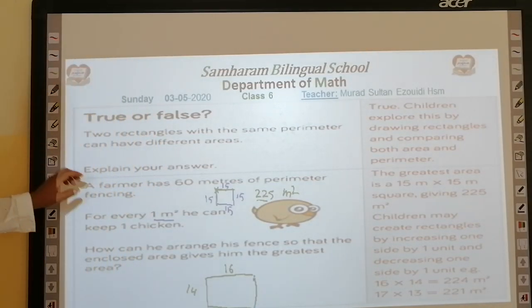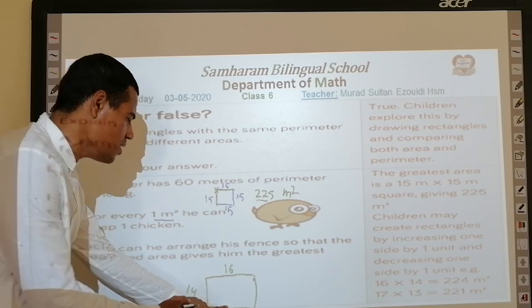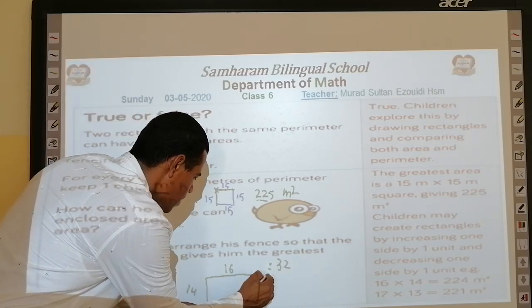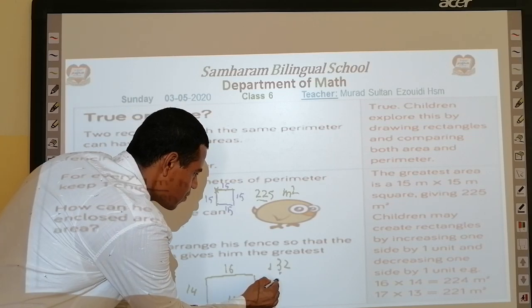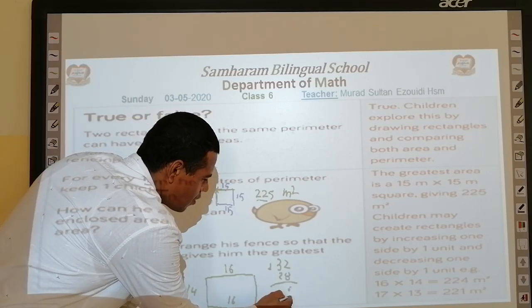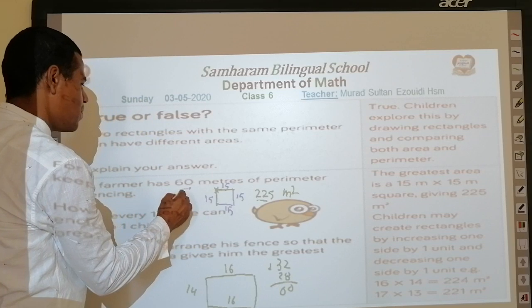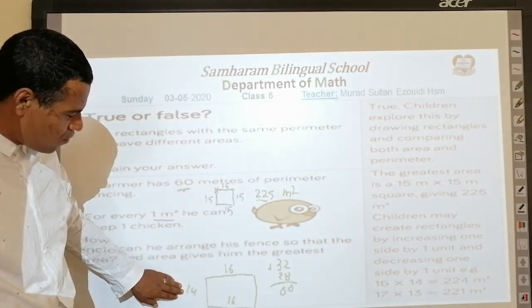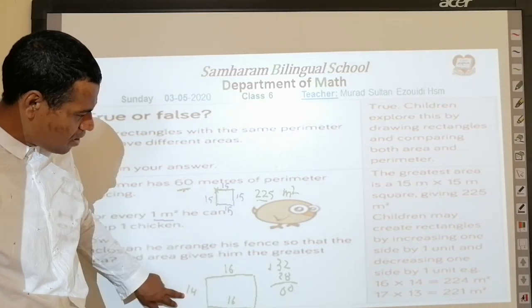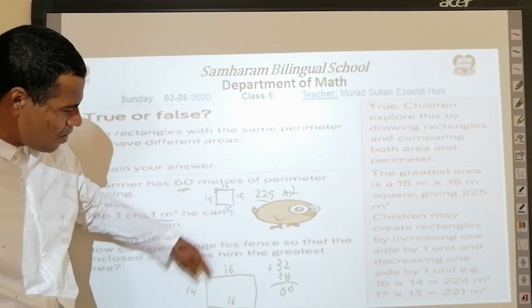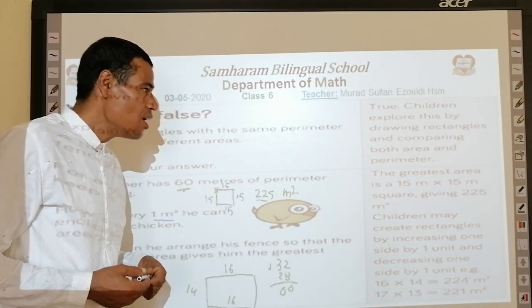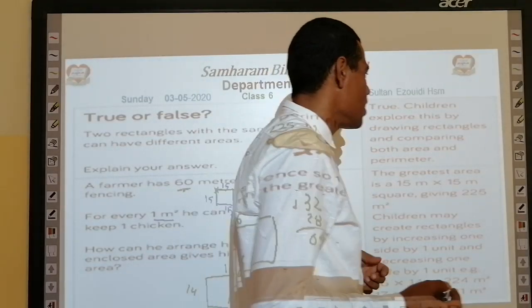So the perimeter, 16 plus 16 is 32, plus 14 plus 14 is 28. So this one will give us 60 as a perimeter. Okay, the area is 16 multiplied by 14, or you can make 17 multiplied by 13, or 18 multiplied by 12. Okay, this depends on, let's say, the shape that you created.